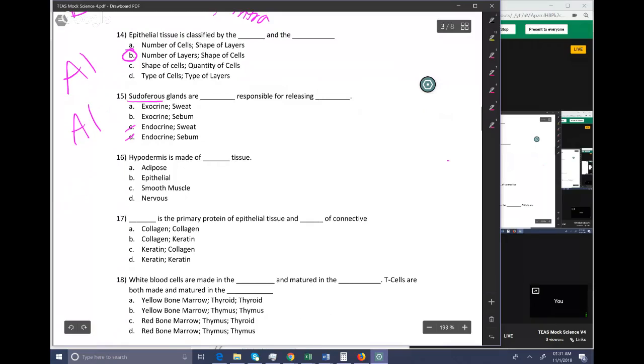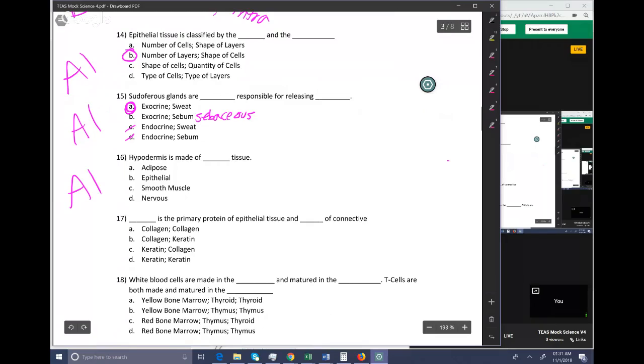And then it's responsible for sweat because it's merocrine, not sebaceous. Choice B is very close. If you glanced wrong, you might mix them up, but sebaceous would be the exocrine that do sebum. Merocrine, which is the one that was the subject of this, is exocrine that does sweat.